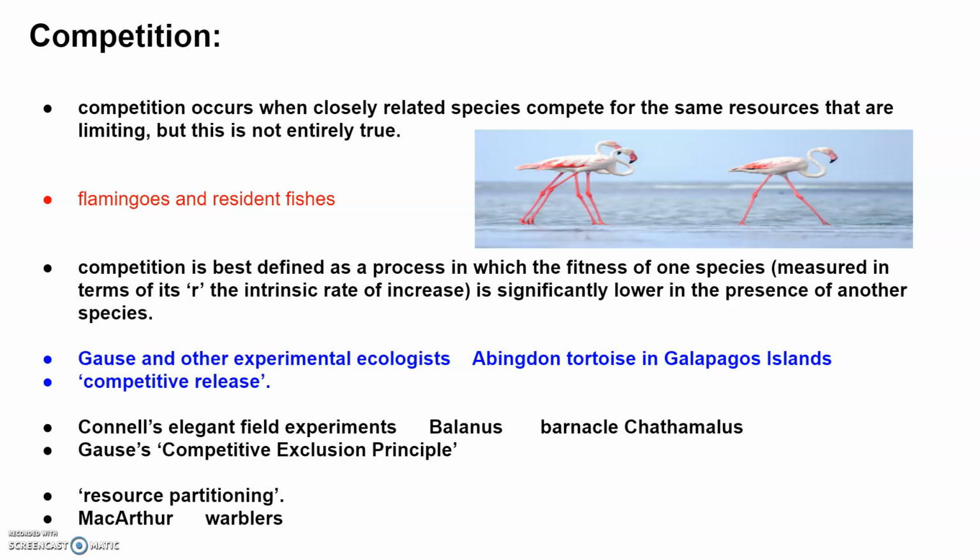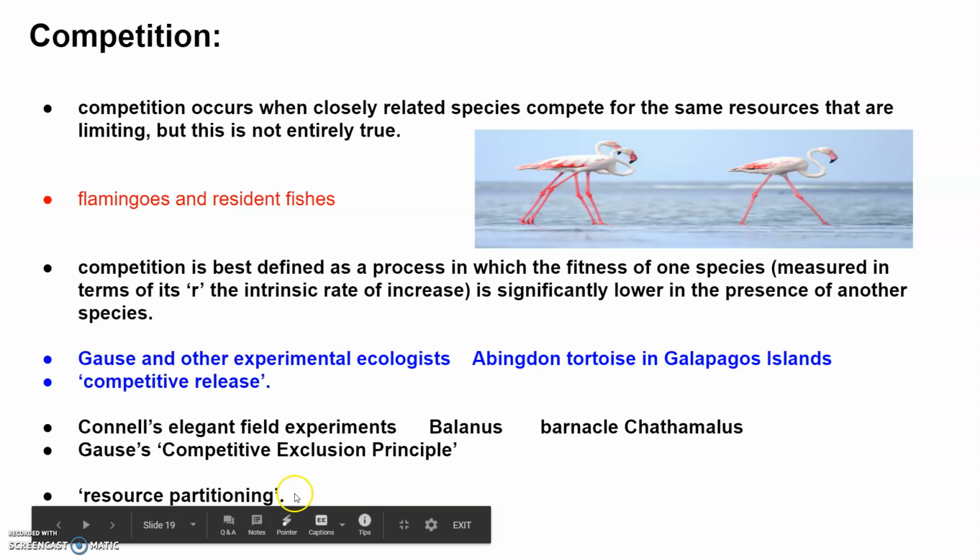More recent studies do not support such gross generalizations about competition, while they do not rule out the occurrence of interspecific competition in nature. They point out that species facing competition might evolve mechanisms that promote coexistence rather than exclusion. One such mechanism is resource partitioning.